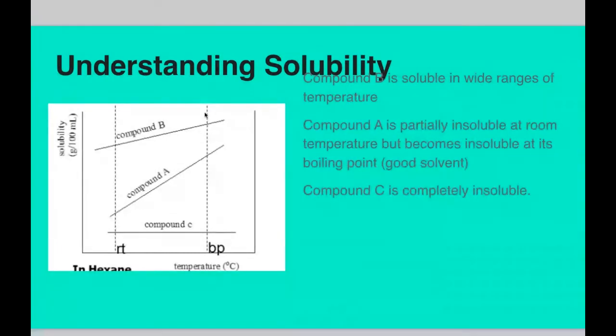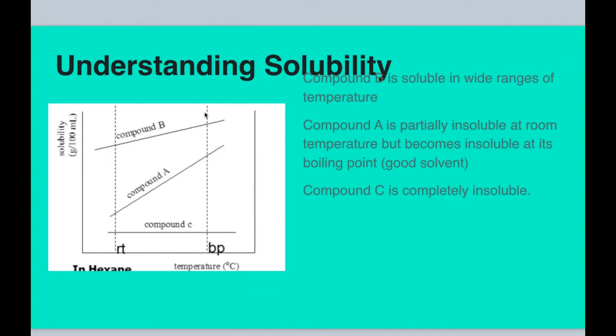Move the slide. Yeah, here we go. Compound B is soluble in wide ranges of temperature. So basically, that means that at room temperature and at boiling point, compound B is still soluble regardless, and that would not be what we want in this experiment, because we want to find something that's insoluble at room temperature but soluble at boiling point.